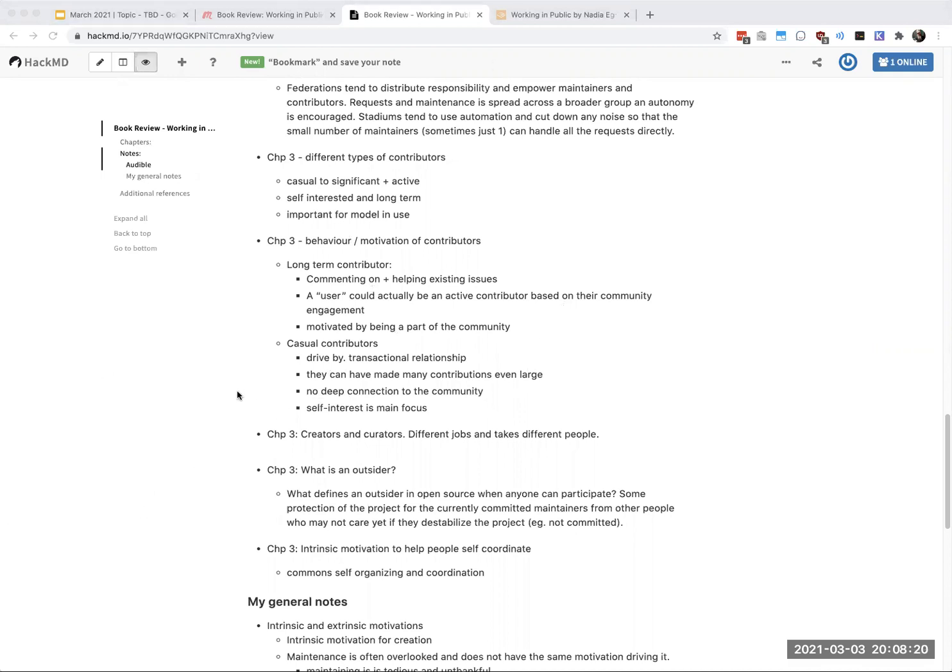Watson, anybody? Thoughts on this? No, I thought the first part of the book was pretty much review. All right.